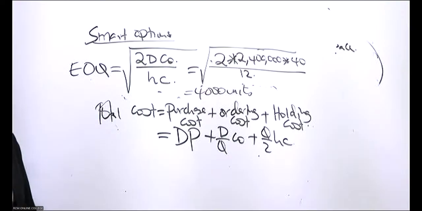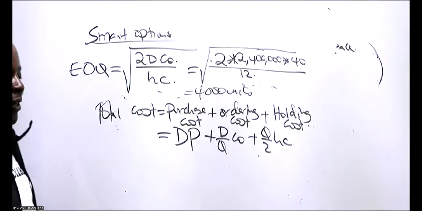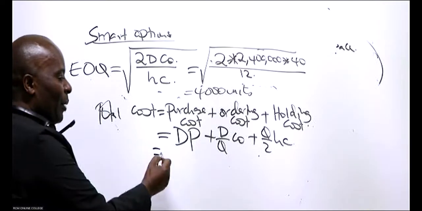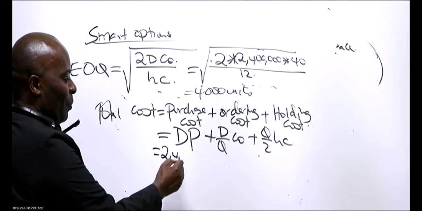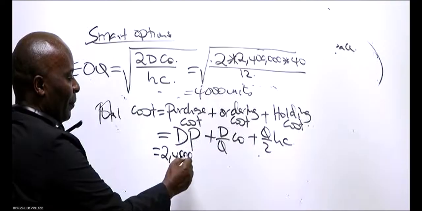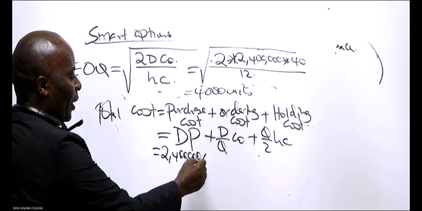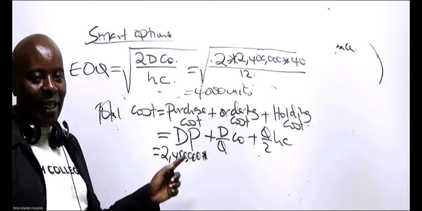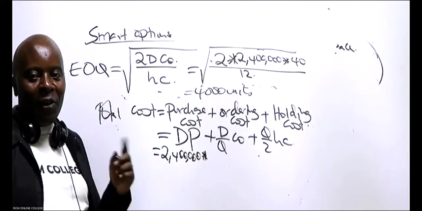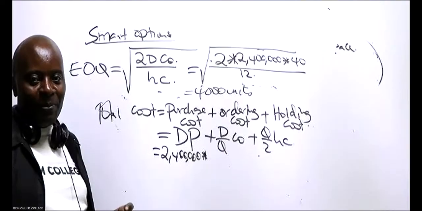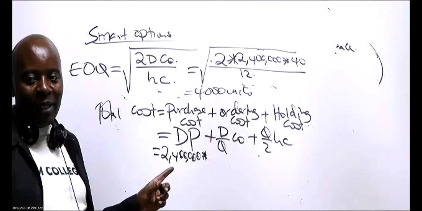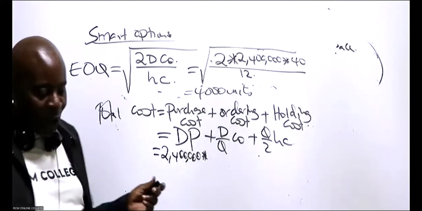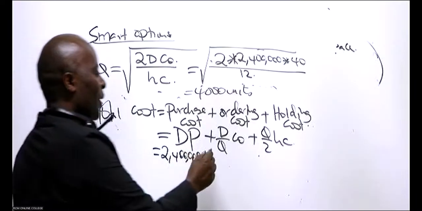So do we know the annual demand? You gave me the value, 2.4 million, times the buying price, which was 60.